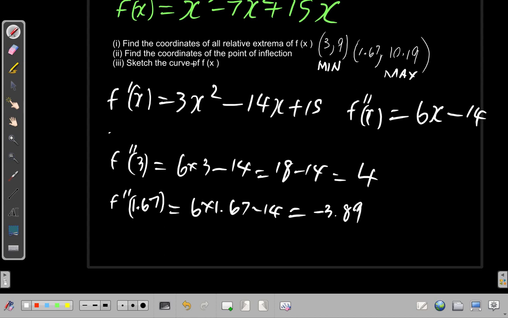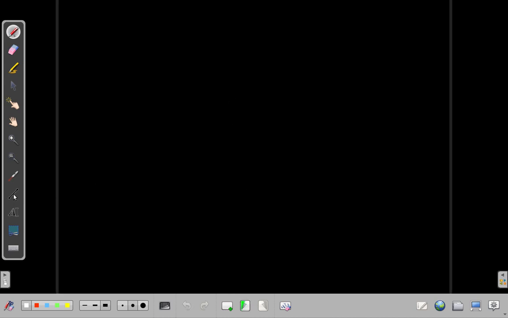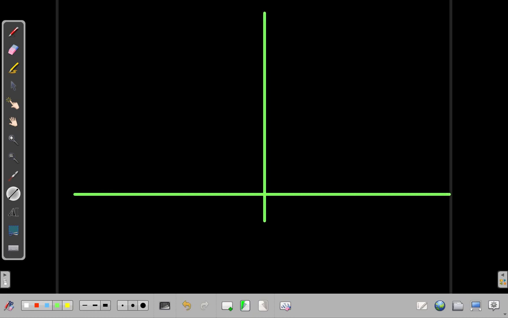Now, the coordinates of the point of inflection. We can see so far that, first of all, let's open another screen. We have (3, 9) and (1.67, 10.19). Let us have our x and y axis here.